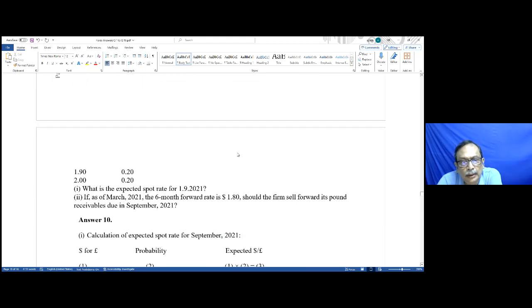Based on the second question, should the firm sell forward its pound receivables due in September 2021? So first question we are going to answer, and based on that, we are going to answer the second.